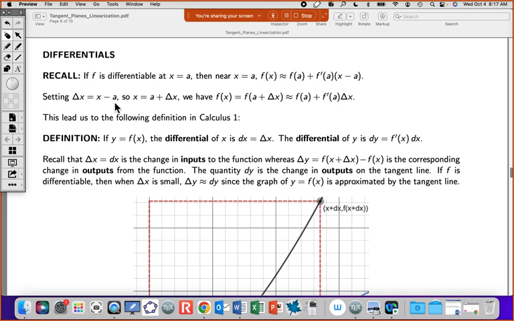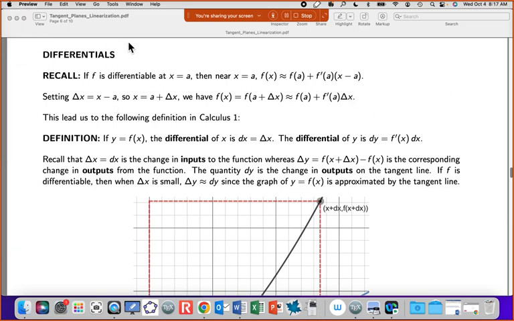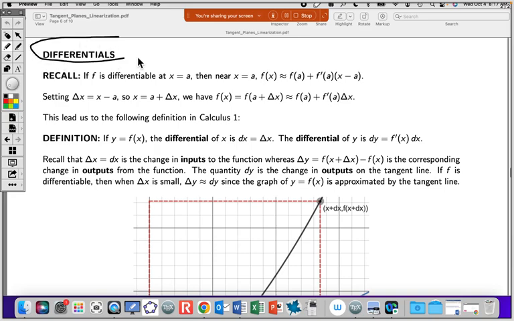So one of the ways that we looked at local linearity back in Calc 1 is the concept of a differential. Differentials get back to the historical usage of derivatives that Newton used when he was formulating physics.